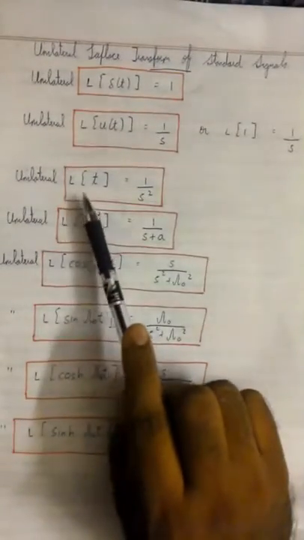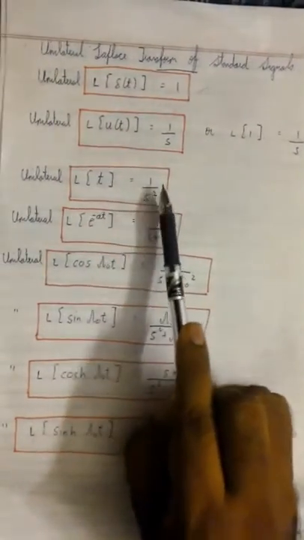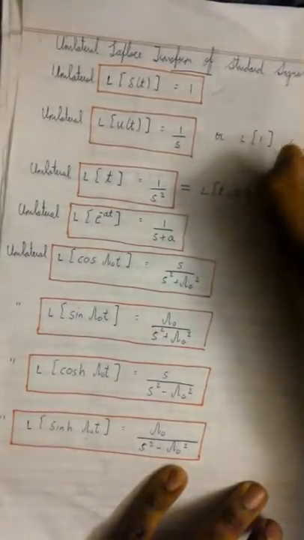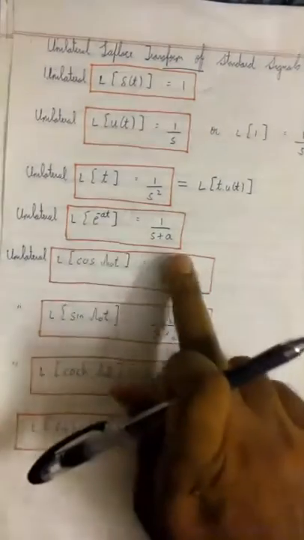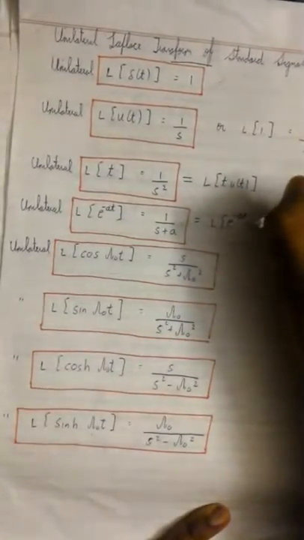Here it is written that the unilateral Laplace transform of t is equal to 1 by s square. You can write it like this, or this is also equal to the Laplace transform of t into u of t. Understood? Likewise, the unilateral Laplace transform of e raised to minus at is equal to 1 by s plus a, or you can also say that the Laplace transform of e raised to minus at u of t is also 1 by s plus a.